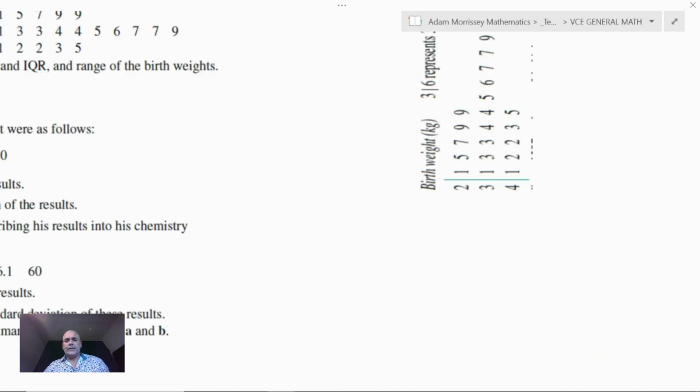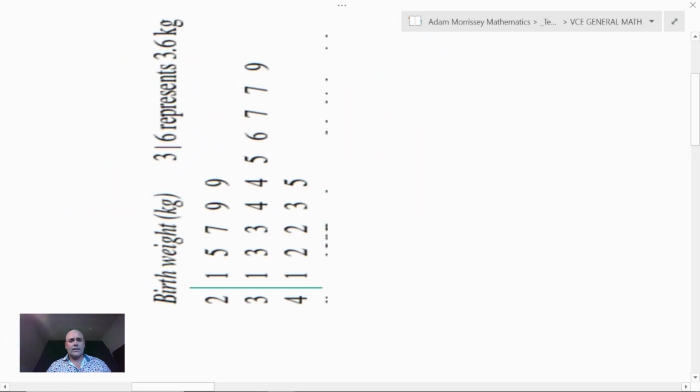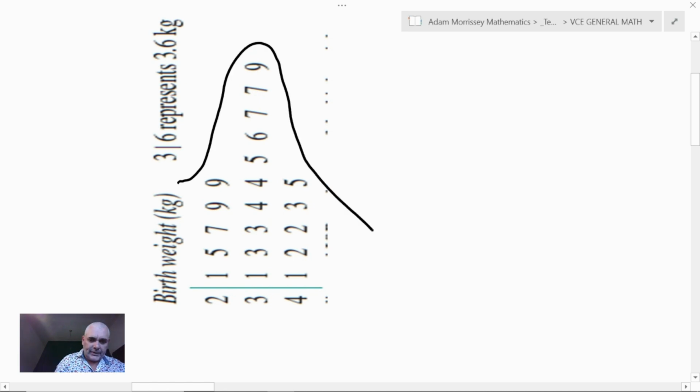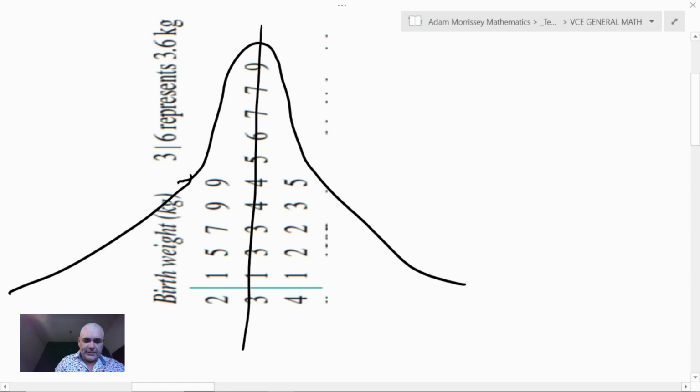So what I've done here is that I've cut out the data, and well, this is what I'd like you to think about. We've got this stem and leaf plot here. If we turn it sideways, what we get for free is a look at the distribution of the data. And the data must be doing something like this. And all I know at this stage is the middle is in here.